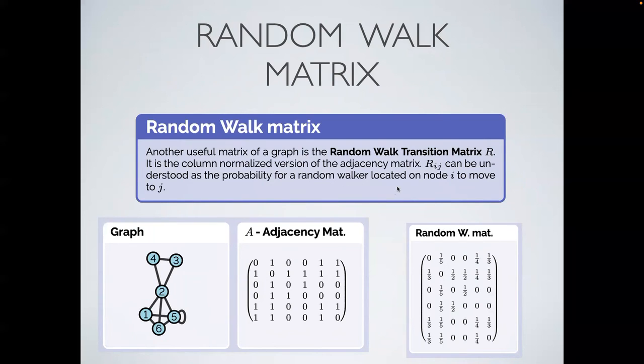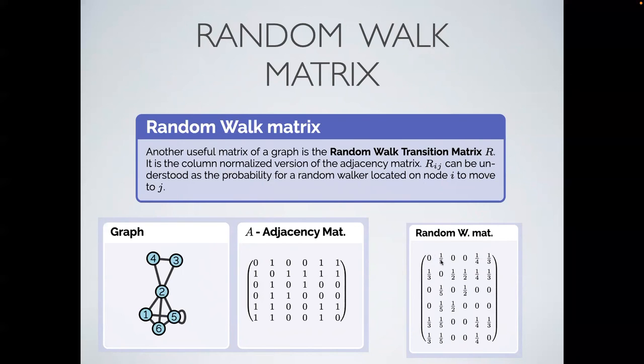And then the final one is the random walk matrix. In the random walk matrix, you are describing what happens if you move randomly on your network. So it means you start from a node, and then you pick a neighbor, and you pick again a neighbor, and so on and so forth. And how do you move on that matrix?